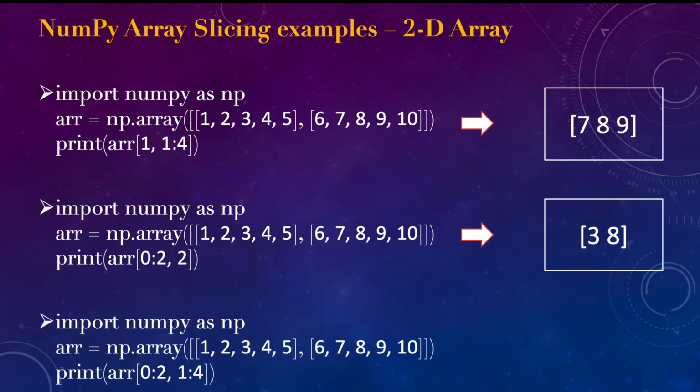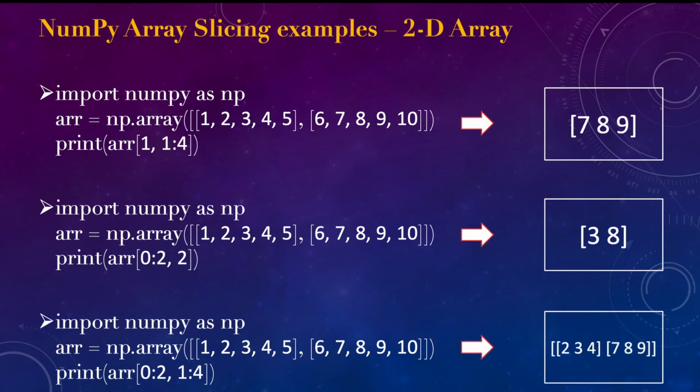In the third example, we have given ranges in both the values. So the first value 0:2 means all the 1D arrays whose index starts from 0 to 1, and the second value, that is 1:4, means all the elements in both the 1D arrays whose index number starts from 1 till index number 3. So you're going to get the elements of the first 1D array, that is 2, 3, 4, and the second 1D array, that is 7, 8 and 9.